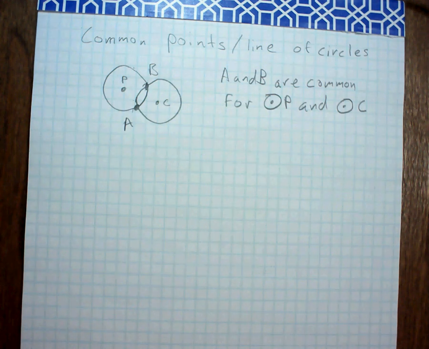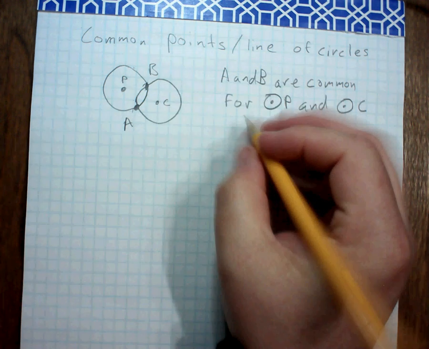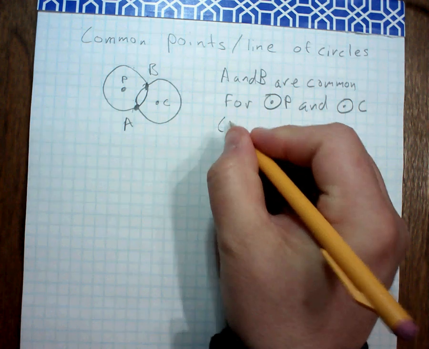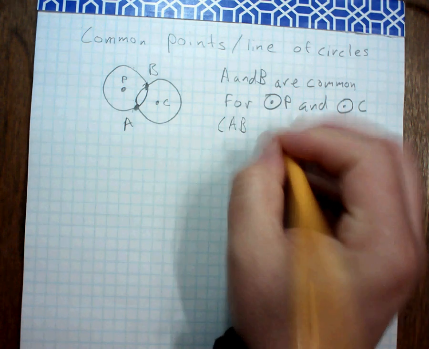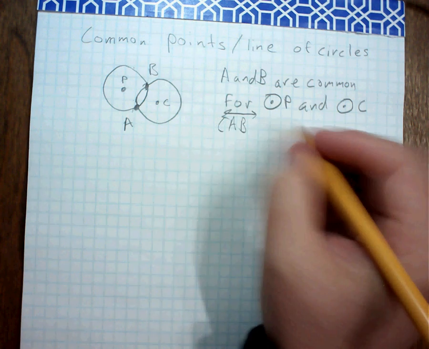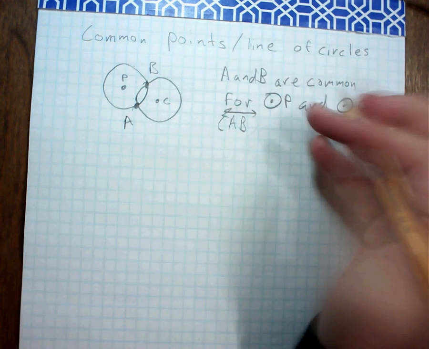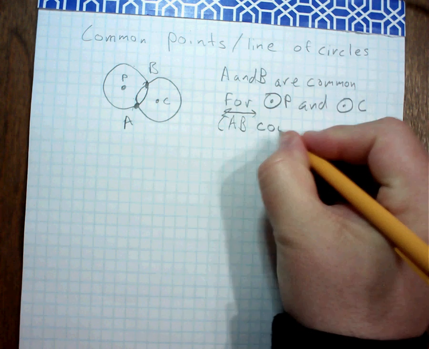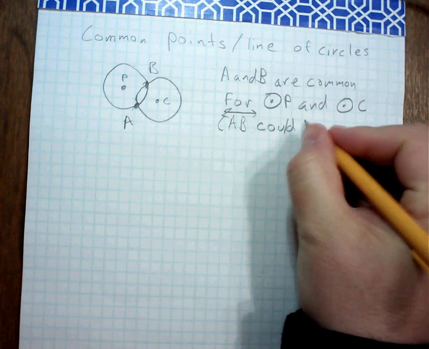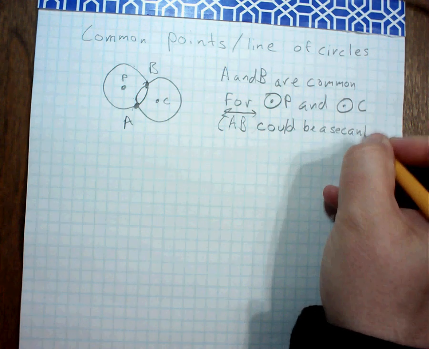Now, obviously you could form a secant line between A, B. If you were to draw a line through A, B, that would be a secant line. Okay.